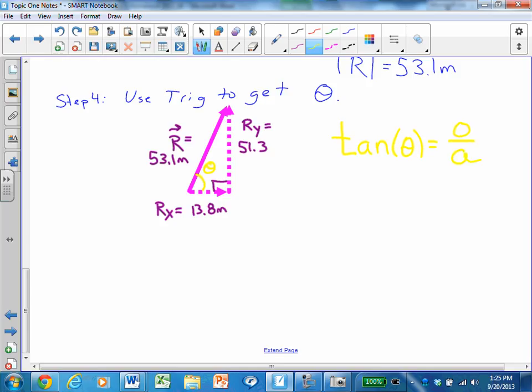Remember SOH CAH TOA, right? We don't know what theta is, but we know in general O is our y, and that was our x. And so our opposite is our y, the adjacent is our x.